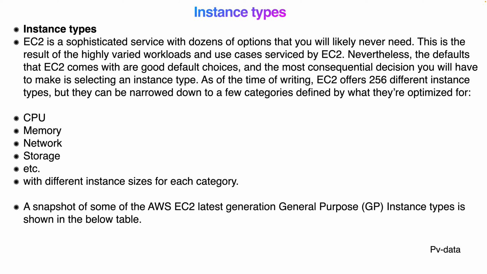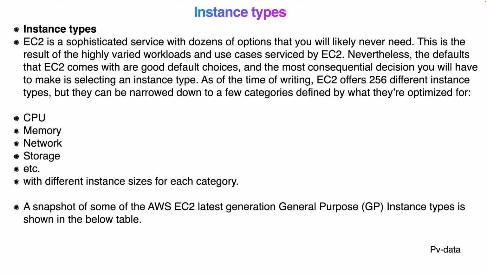Nevertheless, EC2 comes with good default choices, and the most consequential decision you will have to make is selecting the instance type. At the time of writing, EC2 offers 256 different instance types, but they can be narrowed down to a few categories defined by what they optimize for. So you need to consider the CPU, the memory, the network, and the storage size also.